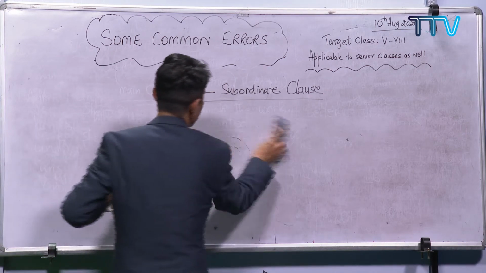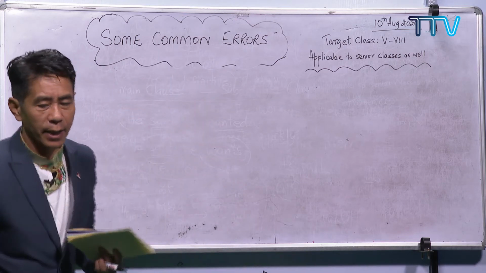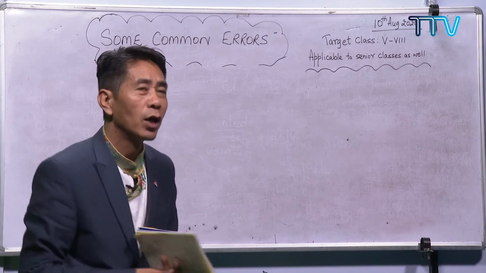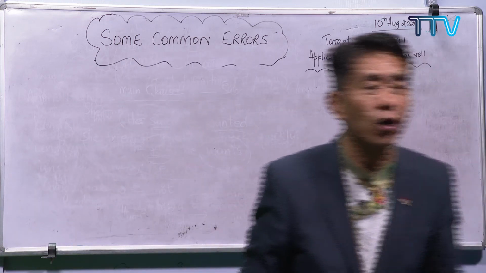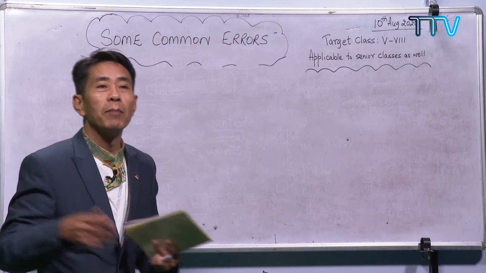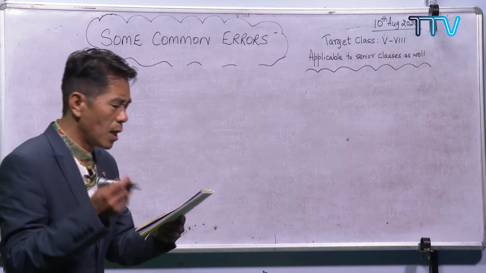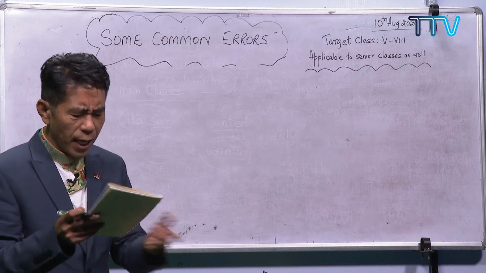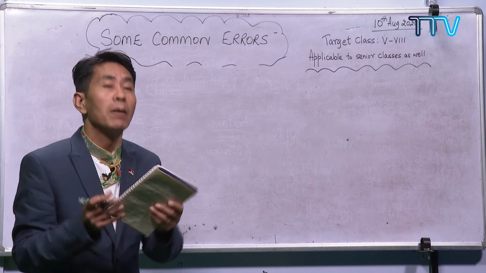I'm sure this is one common error that we make, especially when we talk about indirect speech. Tashi said that he is, no. Tashi said that he was going. Tashi said that he felt better. Tashi said that he feels better, no. If the main clause is in past tense, the next clause should be in past also.